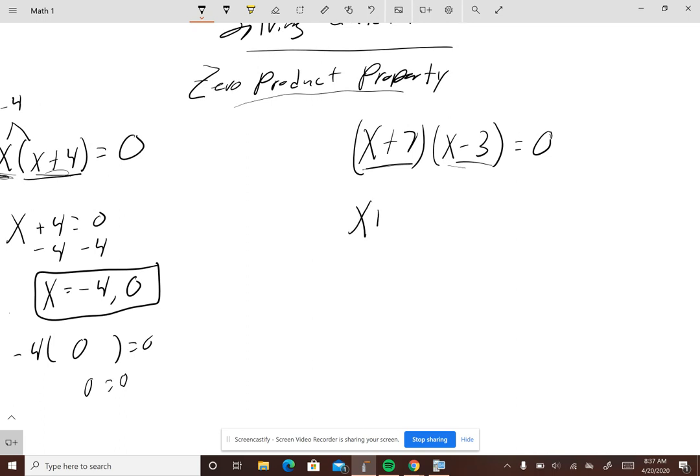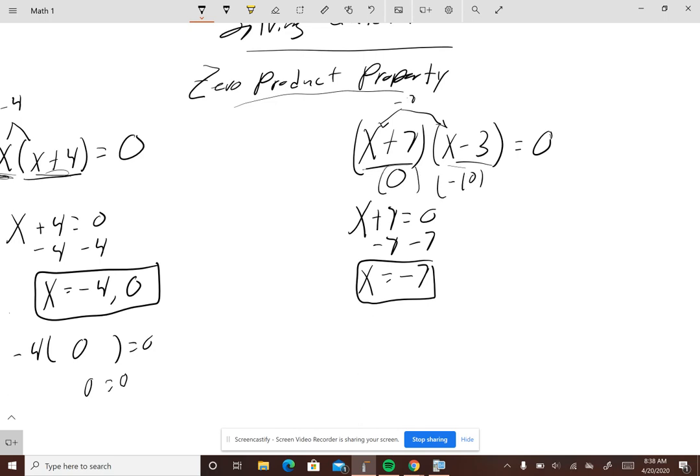So let's start with x plus 7 is equal to 0. Subtract 7, and x equals -7, so that's one solution. And if we were plugging -7 for both of these, this would be 0. This would be -10, but -10 times 0 is still 0. So that's one solution.